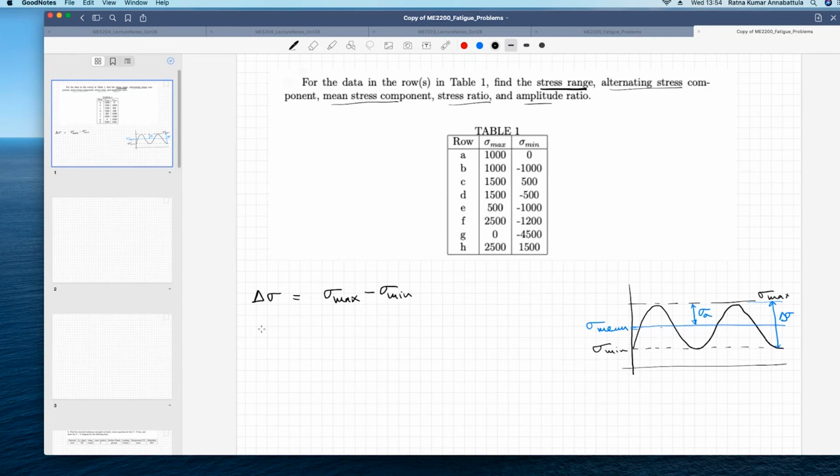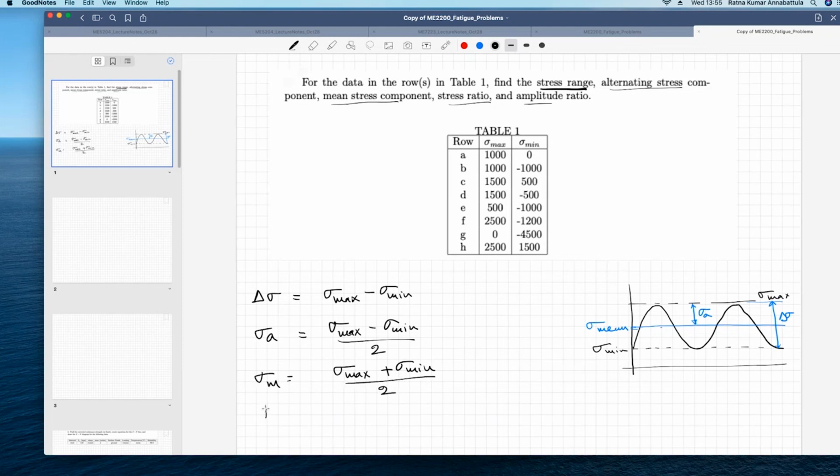Similarly, the alternating stress component, sigma A, is equal to sigma max minus sigma min by 2. In other words, stress amplitude is 1/2 of the stress range. And the mean component of the stress is given by sigma max plus sigma min by 2.